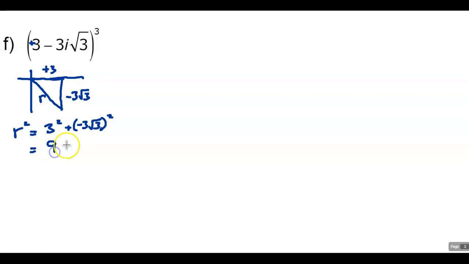So we have 9 plus negative 3 times negative 3 is 9, and then root 3 times root 3 is 3. So we have 9 plus 9 times 3, which is 27. That makes this equal to 36. So our radius is a nice number of just 6.